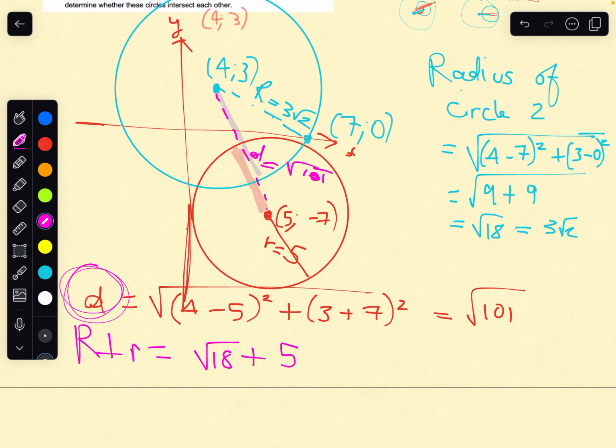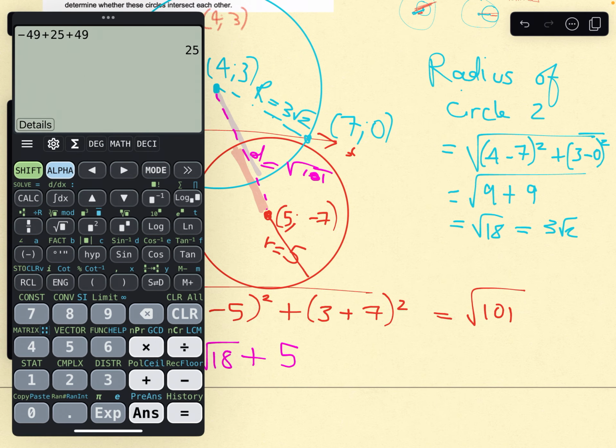Okay, so we're going to need a calculator because it's not easy to compare these numbers. So root 101 is 10.0 blah blah blah. This one is root 18 plus 5, which is 9.2 blah blah blah.